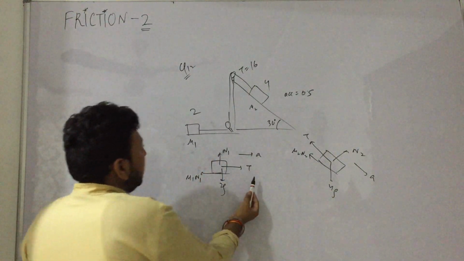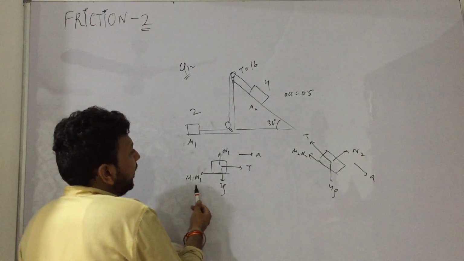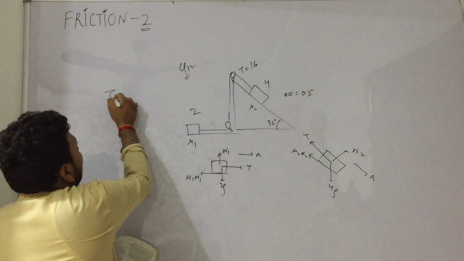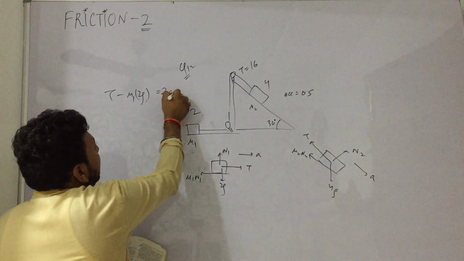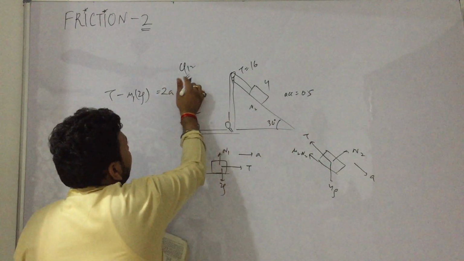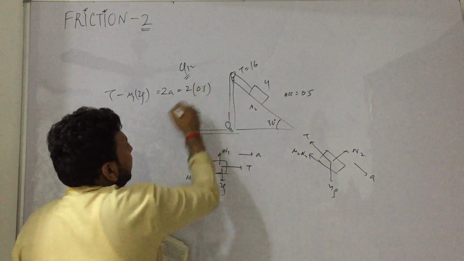So what will be the equation? T minus mu1 N1, where N1 is 2g, is equal to 2 into a, and acceleration is also given, so 2 into 0.5.